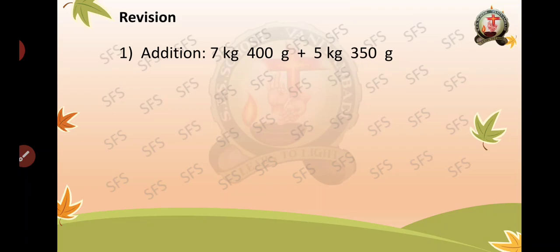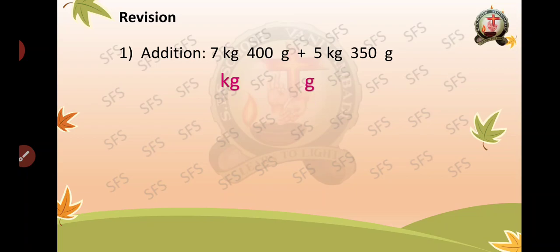The first question is 7 kg 400 g. What do kg and g mean, children? Kg means kilogram and g means gram. Before solving the problem, we have to order the units, that is kg and g.